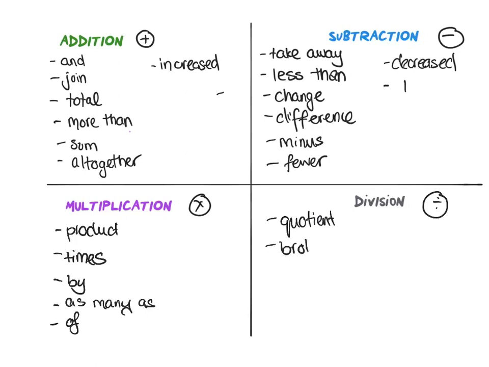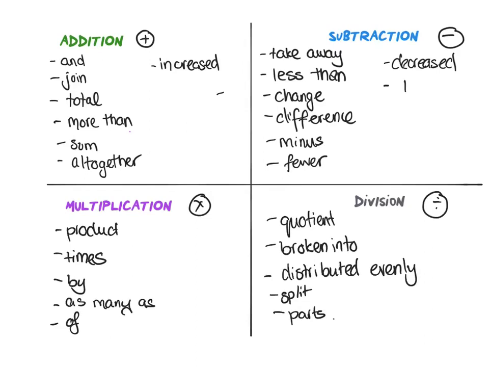Broken into, so if x is broken into 3, that means divided by 3. Distributed evenly is another way to say it was divided by something. So it was distributed evenly into 4 parts, so you're going to divide by 4. Split might be used, or parts. So if you get more words along the way, pop them into your table so you can remember.